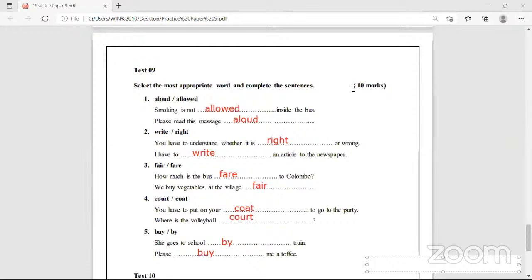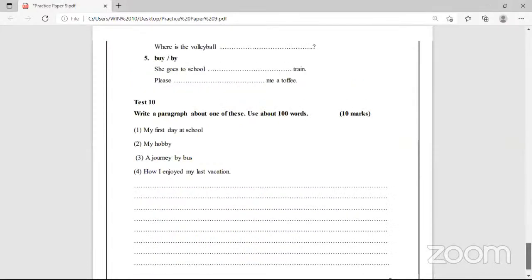And let's move to the last question here. You have to write a small paragraph from these 4 topics. So I have prepared a small paragraph about this one.